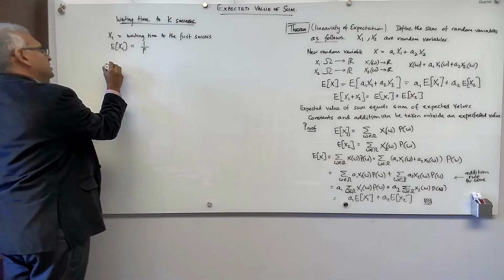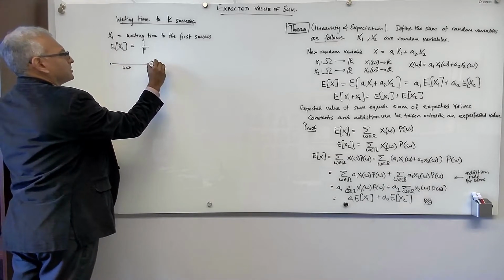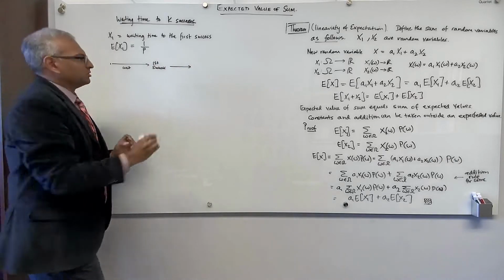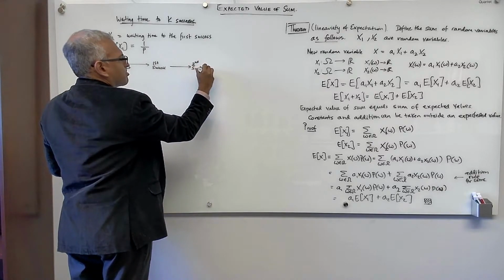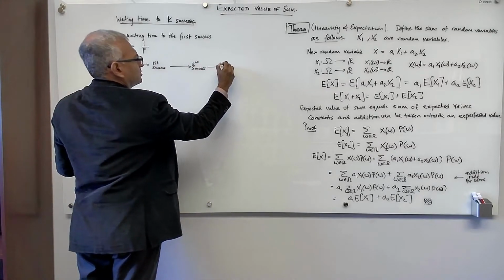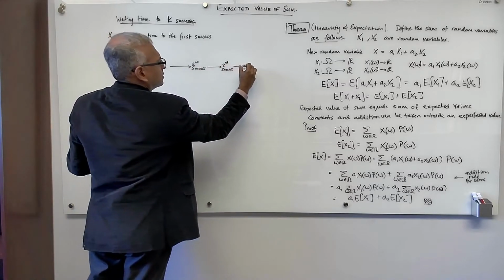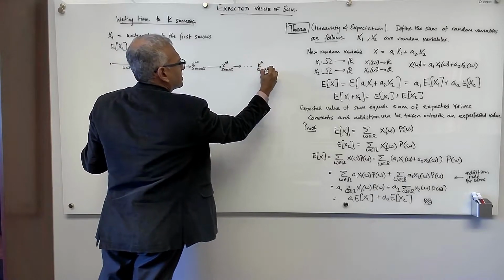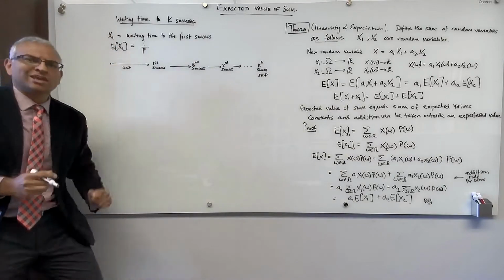So you start and then you wait, and you get your first success. Then you wait and then you get your second success. And then you wait and so on, your third success. And so on until you get your kth success, at which point you stop. So that's the waiting process to k successes.